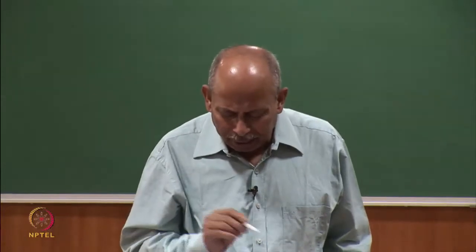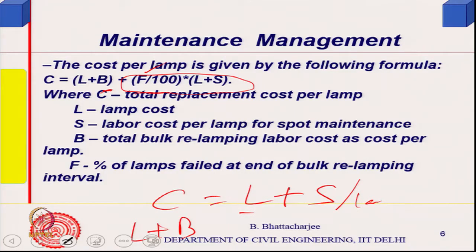So, f divided by 100 into L plus S, because that is the spot replacement cost per lamp, that will be the total. So, the cost of bulk replacement will be this, and therefore I can find out the value of f corresponding to the decision that bulk replacement is cheaper. So what do I do?